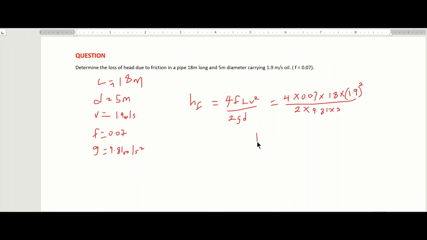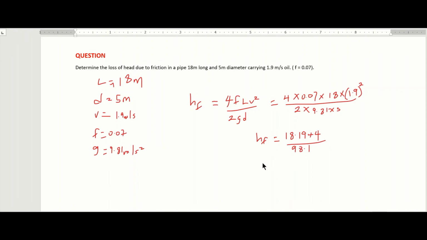So therefore my head loss due to friction is 4 times 0.07 times 18 times 1.9 squared, which gives us 18.1944, divided by 2 times 9.81 times 5, which gives us 98.1.